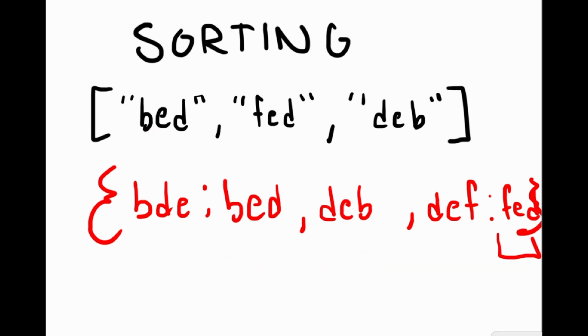We're going to return the unsorted values that correspond with each individual key: bde being bed and deb, because once they're sorted they become bde, and def being the key for fed because fed sorted is def. And if there was another anagram of deb, then it would be under def as well, because if it's sorted, then it turns into def. So let's take a look at what that would look like in code.